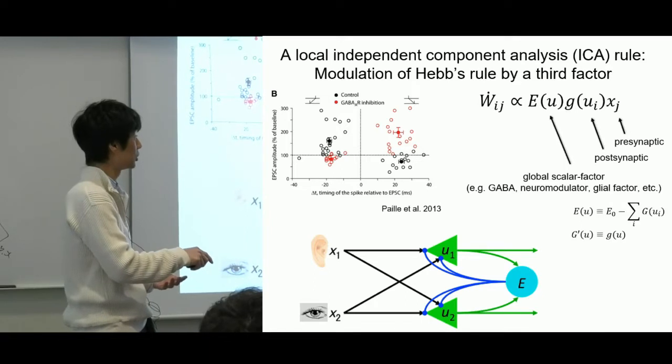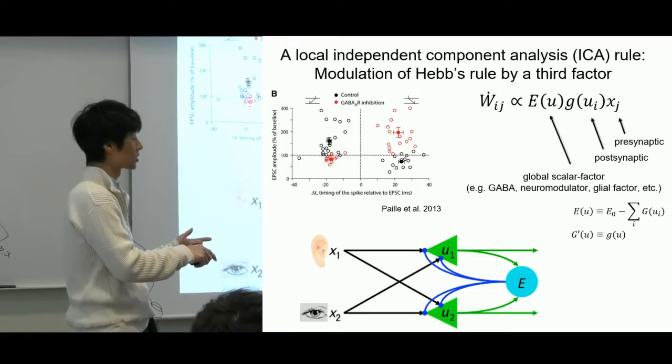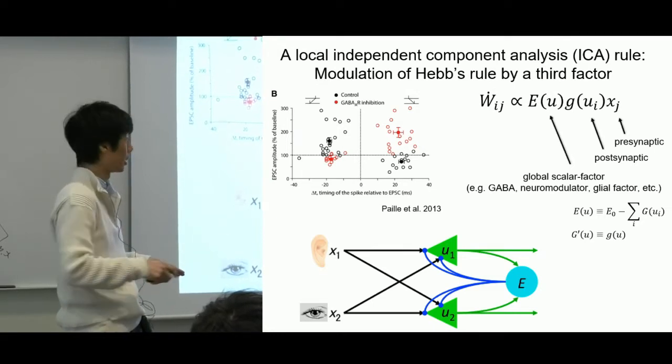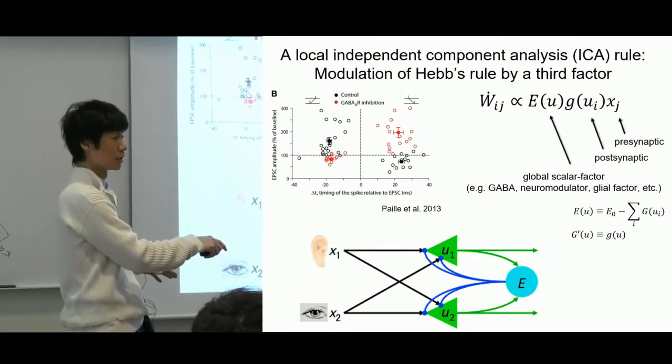No, G of UI is the activity of the surrounding neuron UI, and this is a summation of activity from all surrounding neurons. Okay. E0 is just a positive constant.